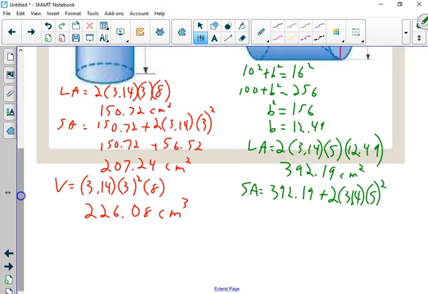Well, 5 squared is 25, times 2 is 50, so 50 times 3.14 is 157. We add 392.19 to 157, and we find out the surface area is 549.19 centimeters squared.